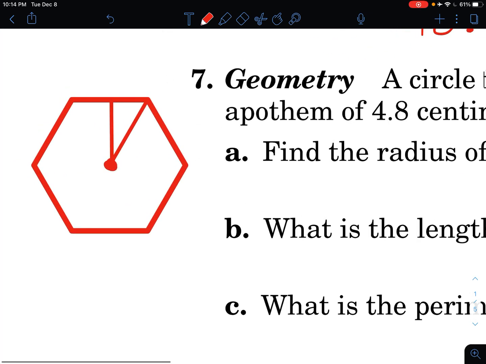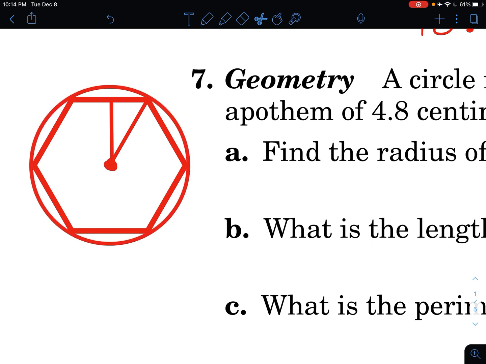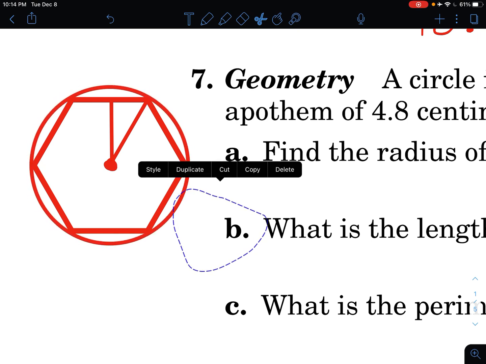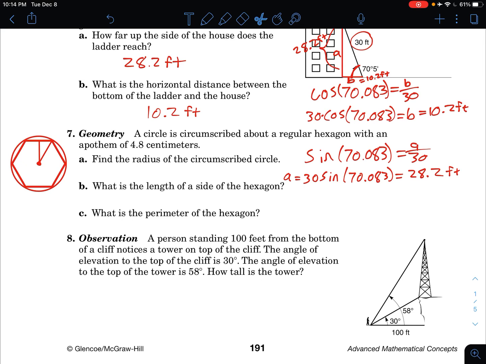So circumscribed is going to go around like that. Ooh, almost perfect. Just about right there. That's good enough for me. Alright, so the circumscribed circle is going to have a radius that goes around.